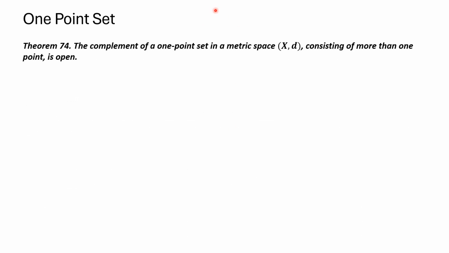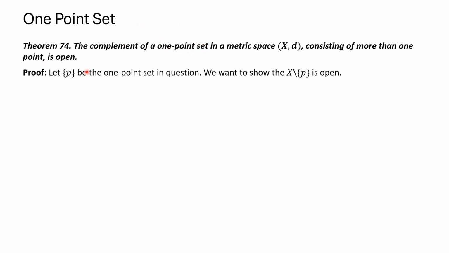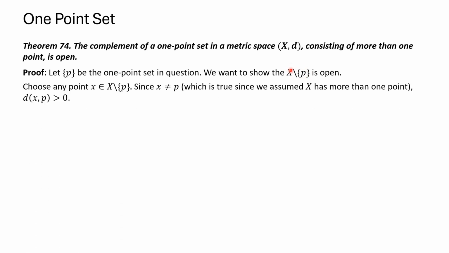We have a theorem here: the complement of a one-point set in a metric space, where the metric space consists of more than one point, is open. So let P be our one-point set, and we want to show that the complement of P in the context of X is open.